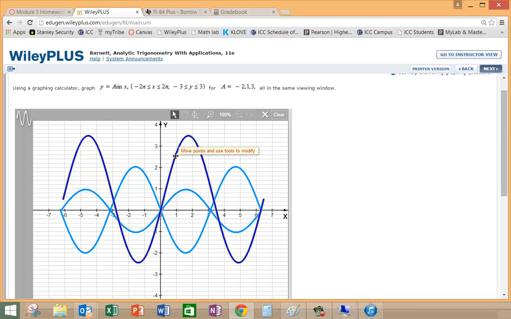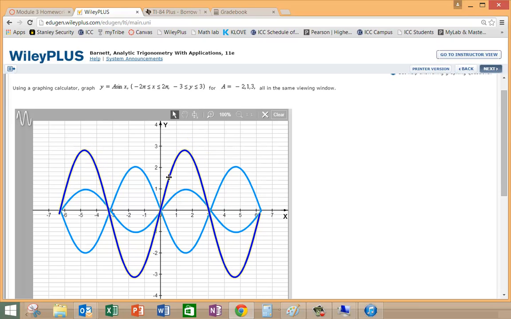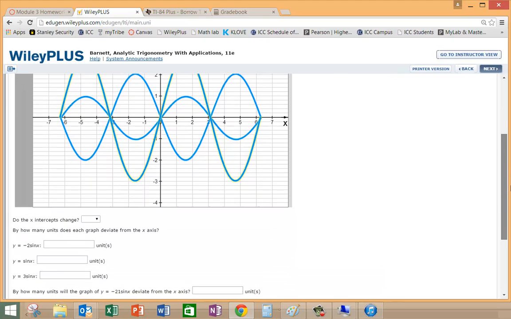So it may take a little combination of moving it to get it exactly where I need it. So I am going through the origin, going up to 3 and down to negative 3, because when sine of pi over 2 is 1, this graph will be at 3. Okay, so there's all 3 graphs on the same line.